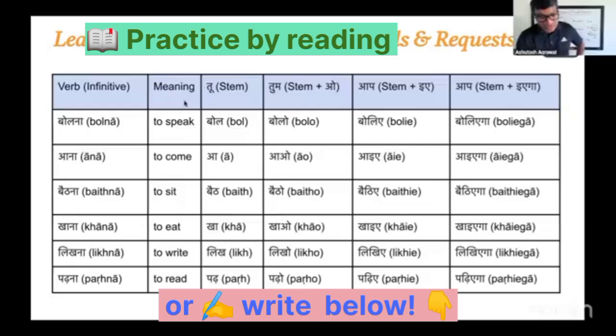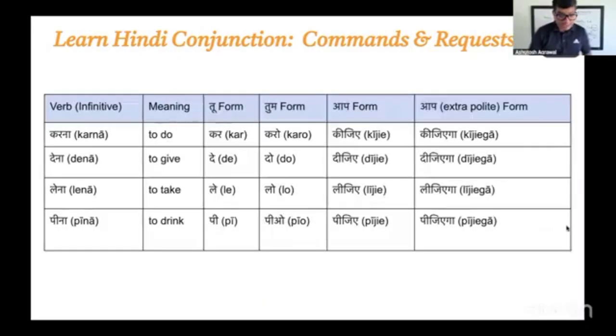All right, so slight shift here. So far, everything that we did, bolna, ana, baithna, khana, likhna, padna, these are your regular verbs. Things change slightly when it is an irregular verb. So in Hindi, typically we are dealing with karna, dena, lena, and pina.